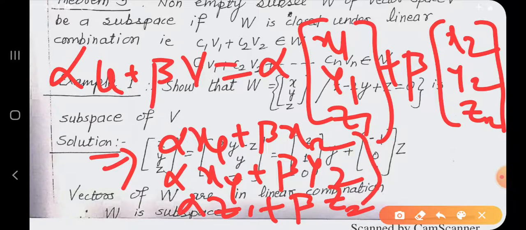Now you have to check whether this element belongs to W or not. For that what do we require? We require x minus 2y plus z equal to 0. So first value minus 2 into second value plus third value.